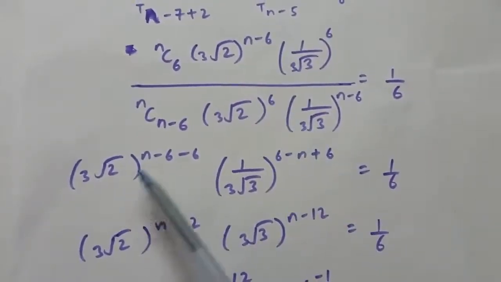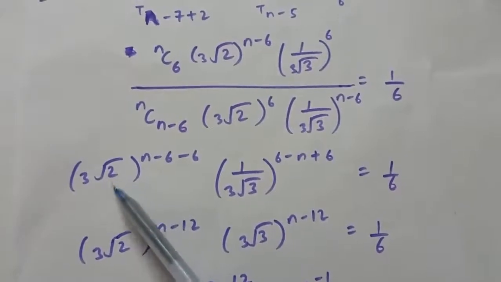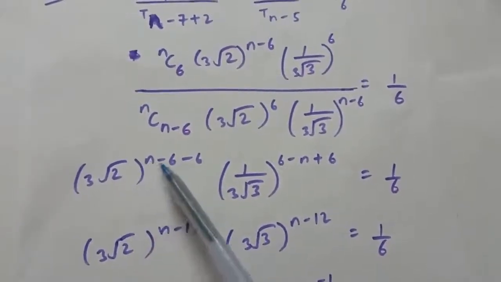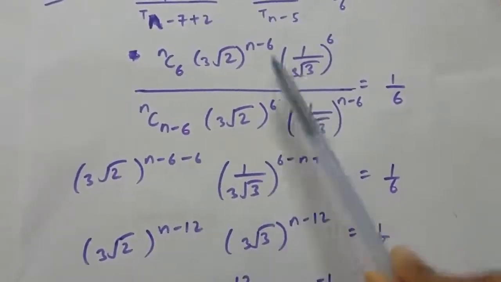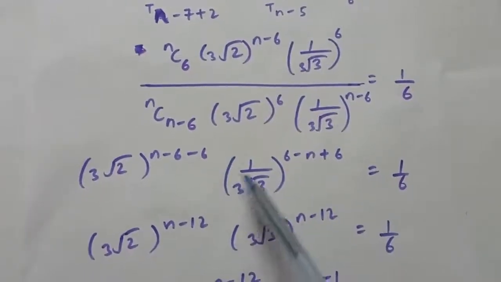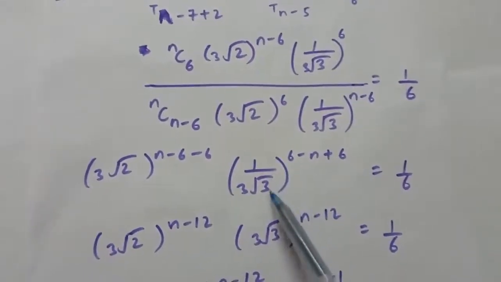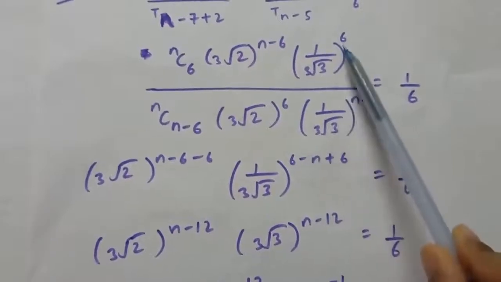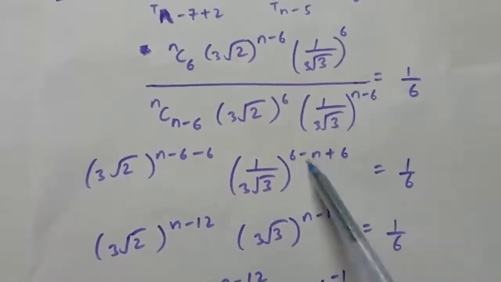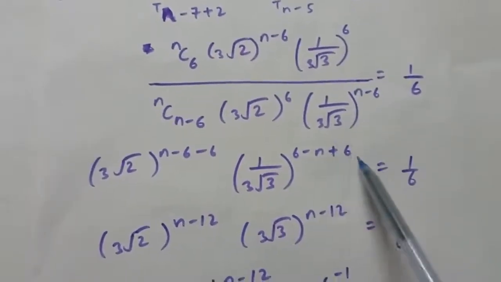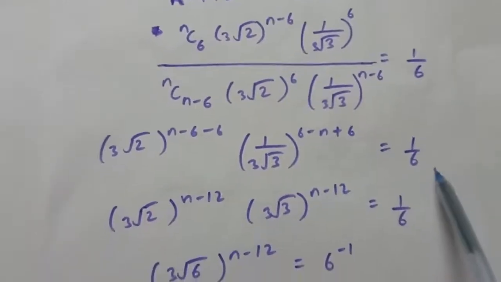So cube root of 2 raised to the power n minus 6 minus 6, into 1 upon cube root of 3 raised to the power 6 minus n plus 6, equal to 1 upon 6.